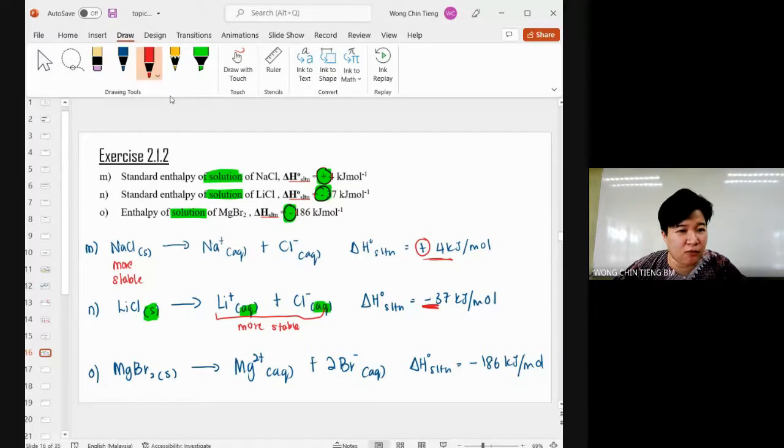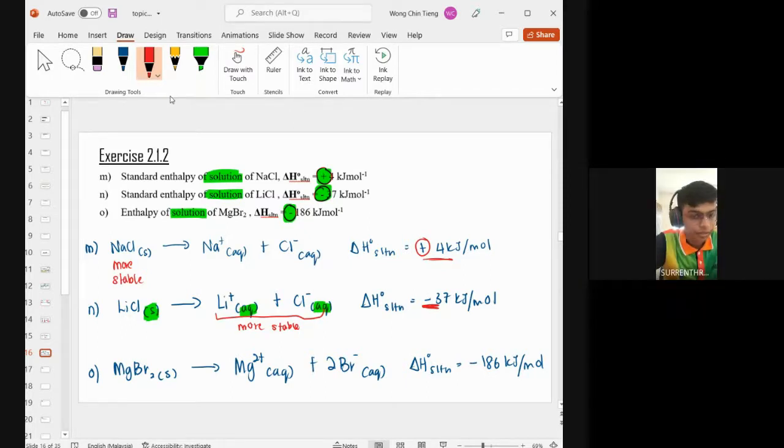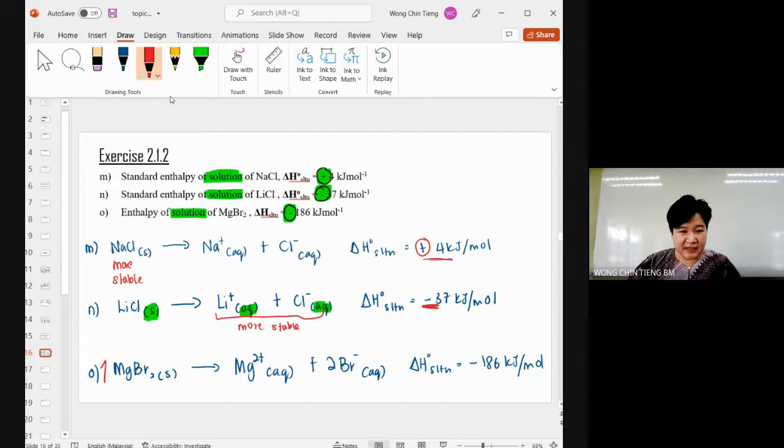Siapa patut pegang 1 mole? Bila kamu balance, siapa patut pegang 1 mole? Solid. Reactant, magnesium bromide. Okay, senang. Nampak dah how to see the positive negative? That is how we see the positive negative.